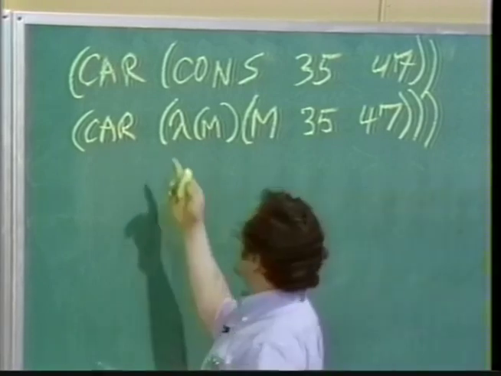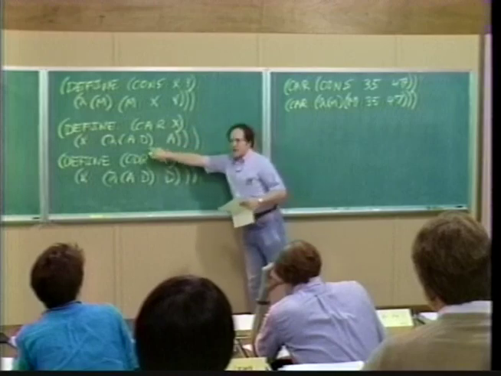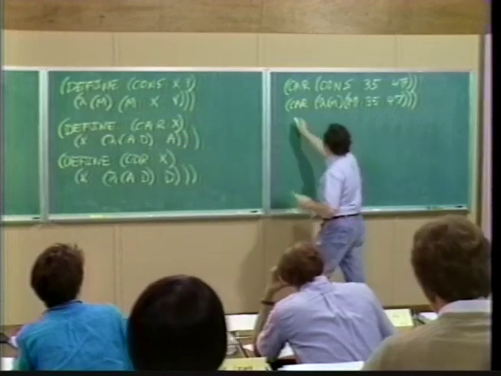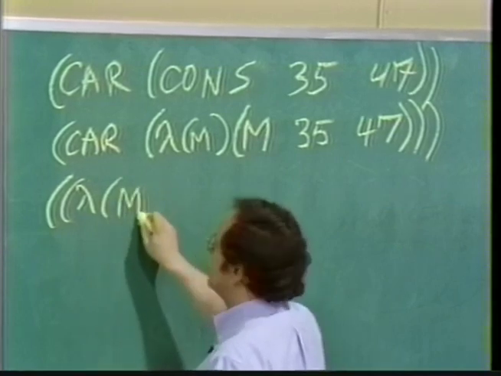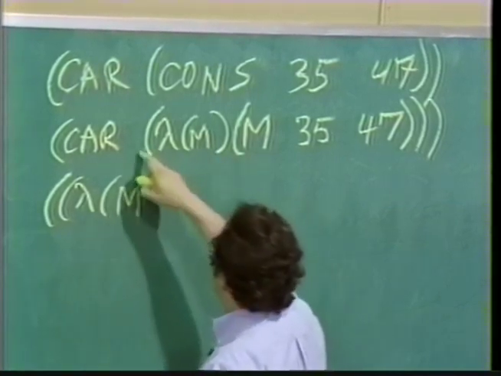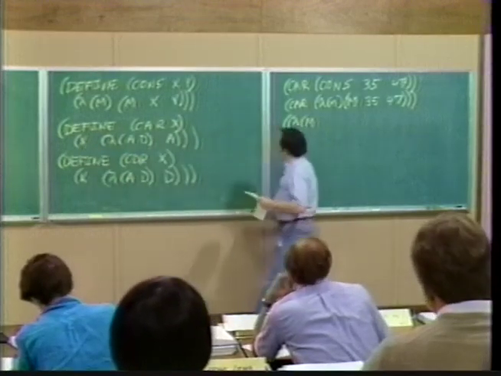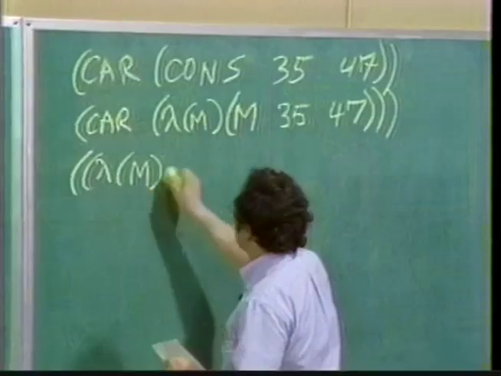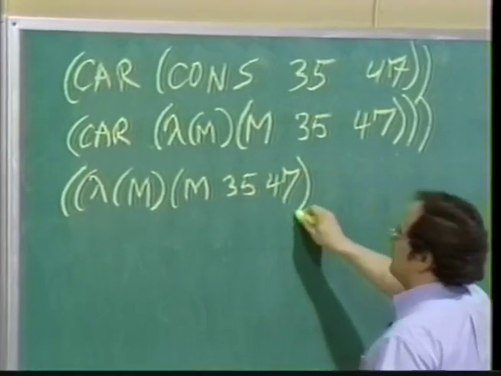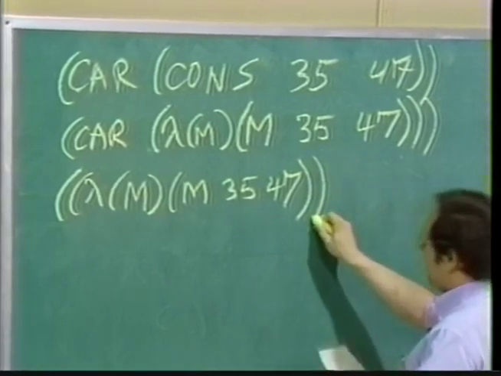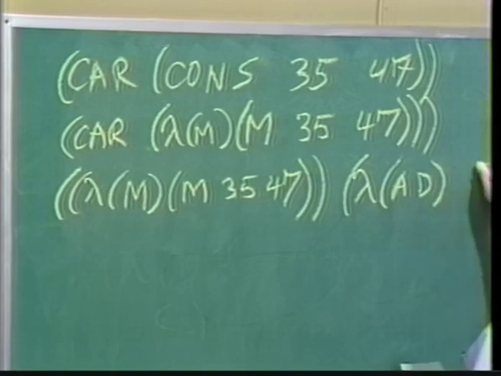Well, this is the result of substituting this object for x in the body of that. So that's just lambda of m. That's because this object is being substituted for x, which is at the beginning of a list. Lambda of m of 35 and 47, okay, applied to that procedure of a and d, which gives me a.